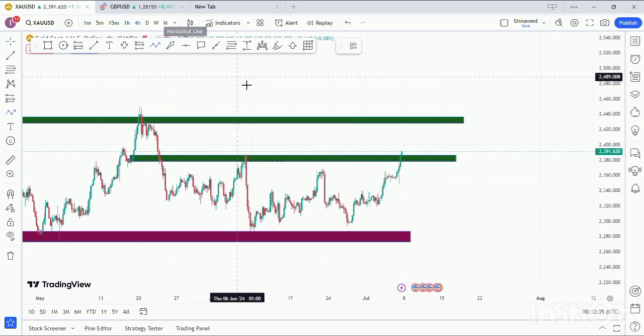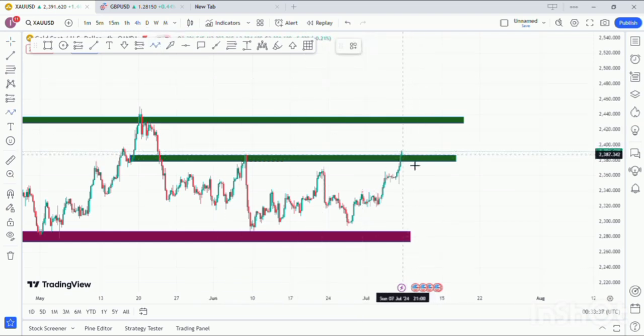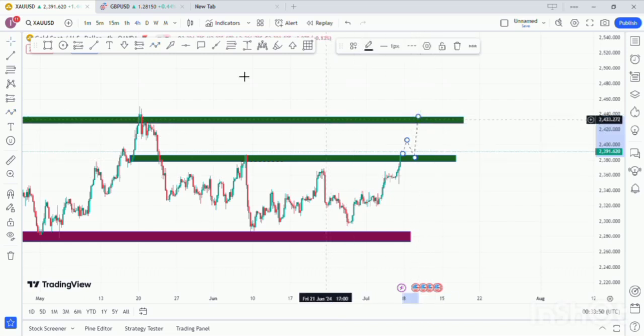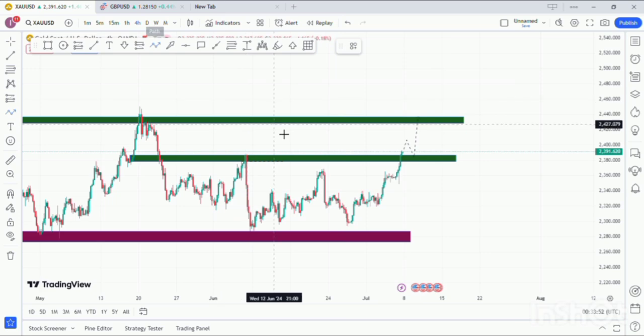For next week on the 4 hours time frame for XAUSD, since it has broken out of this resistance zone right here, we'll be expecting price to continue upward to this resistance zone right here. But on the flip side, if price decides to reverse from where it is, we're expecting price to break out of this support right here. This is the support.